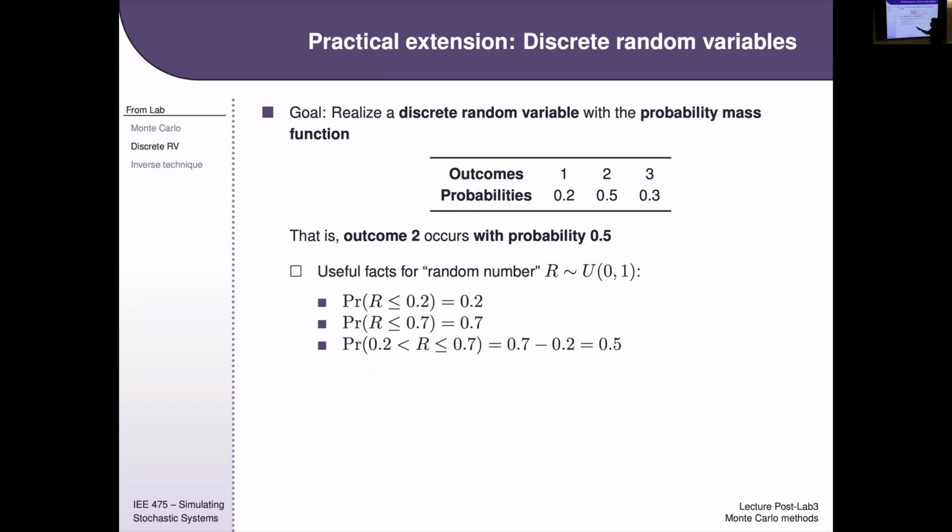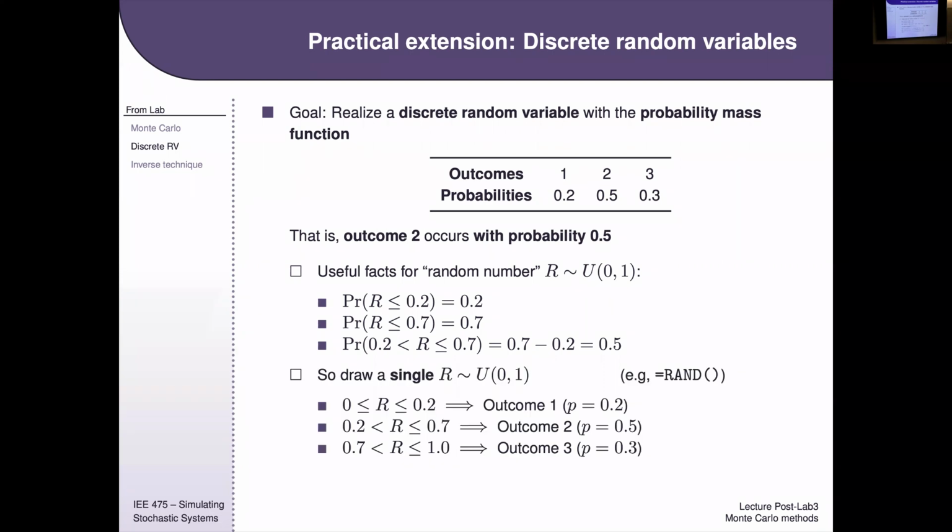So this gives us a lot of power because it suggests that any probabilities we want, we can, in theory, draw a random number and then ask, is it within ranges whose probabilities match up with the ranges that we want for these outcomes? And so I draw a single random number and I just check, is it between 0 and 0.2?